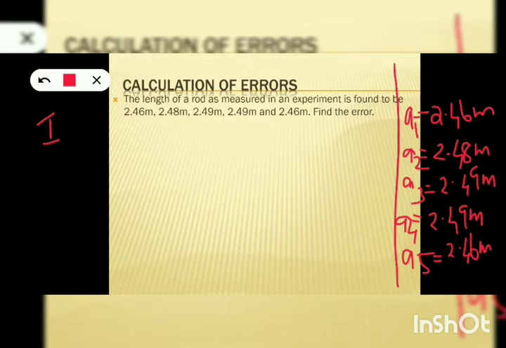So what will be the arithmetic mean? The arithmetic mean is represented by A mean, that means the mean of all the A's. What is the formula? You are familiar with the formula? Yes.